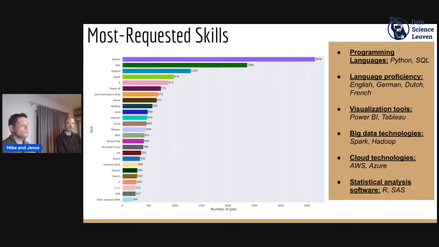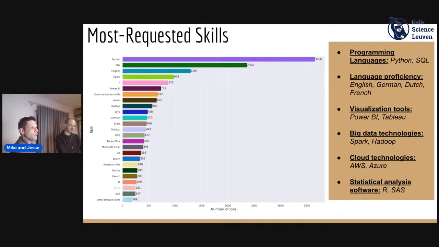So we're talking about data scientists, data engineers, machine learning engineers, data analysts, and unsurprisingly, we find Python and SQL at the top. Other languages are interspersed about. And a lot of technical capacity: cloud computing technologies, statistical software, big data processing software, visualization tools. Those are the main skills.